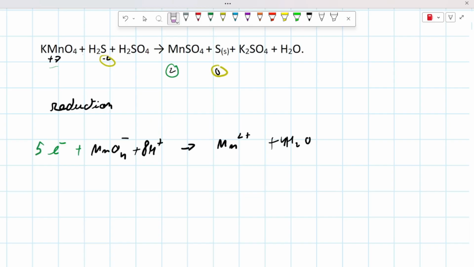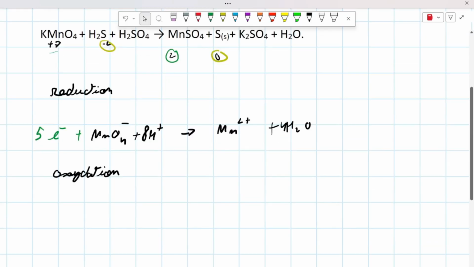Now for the oxidation equation, we can see that in the H2S, the sulfur went from -2 to 0 in the sulfur in its solid form. So we will write this, but here we are lacking some hydrogen on the other side, so we will just add them.